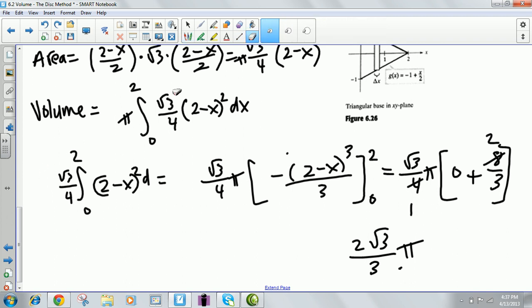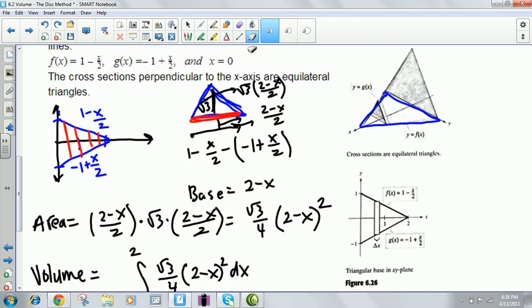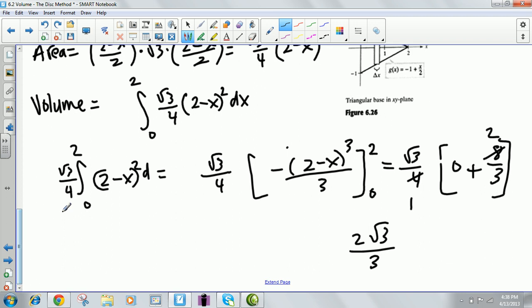Sorry. These are not circles. I'm used to circles. I don't know why I threw that pi in. So there's no pi. The rest of it looks okay, but there's no pi, my bad. You all probably caught that. This is a triangle, not a circle. And then we're going to label this as units cubed. And that's our answer.